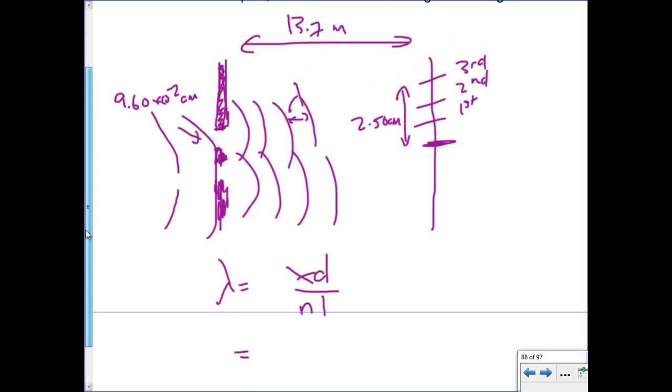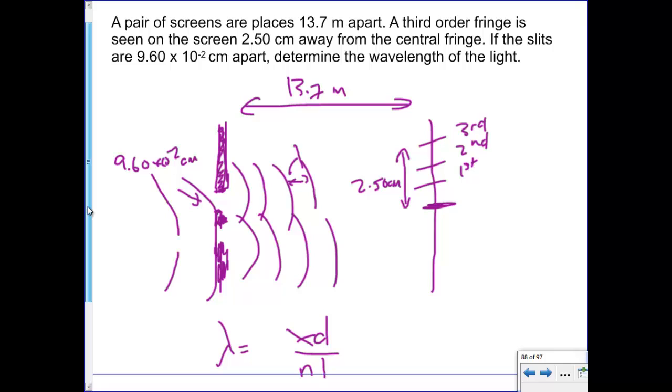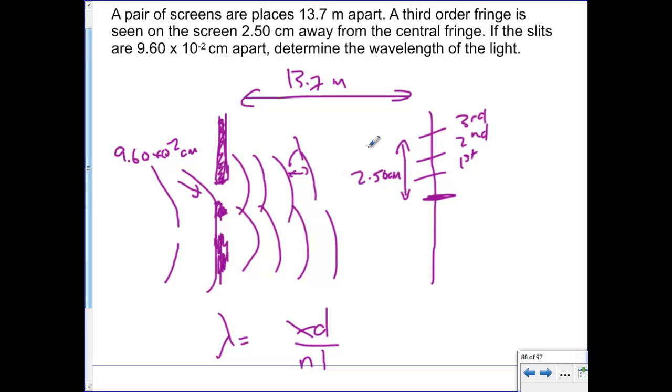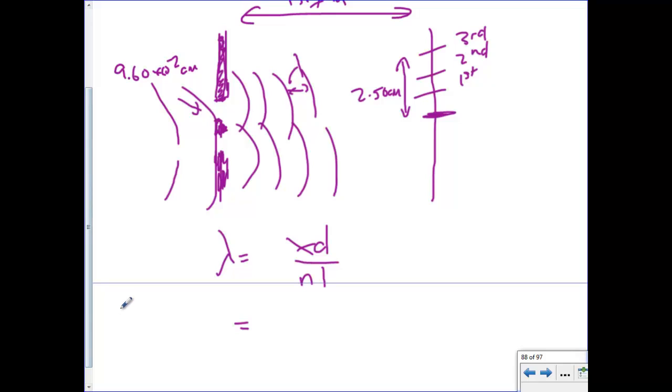So I'm going to recommend we go with meters if we can. So what's x? x is the distance from the middle. So it's the 2.5 centimeters. We've got to put that into meters though. So what's the ending for centimeters? 10 to the minus 2? I think so. So I'd make this 2.50 times 10 to the minus 2 meters.